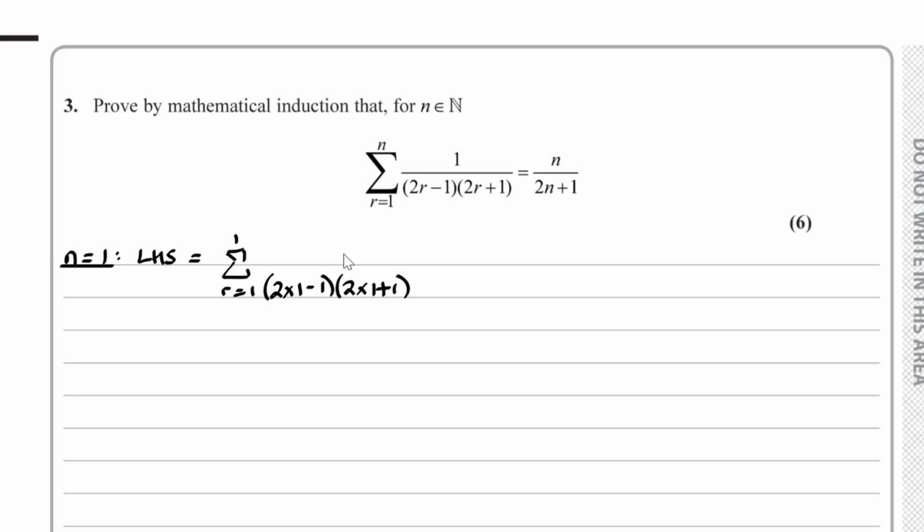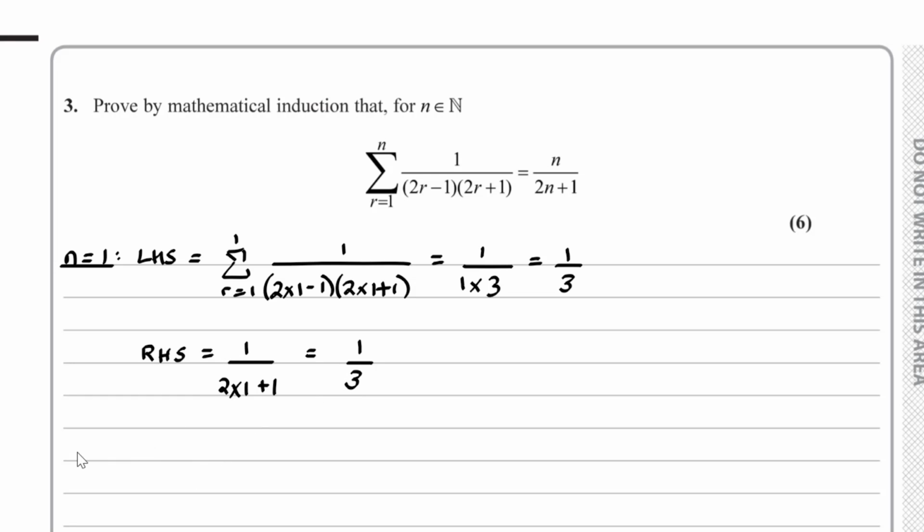If we work this out, we have 1 over 1 times by 3, which is a third. On the right hand side, we have 1 over 2 times by 1 plus 1, so we have 1 over 3.